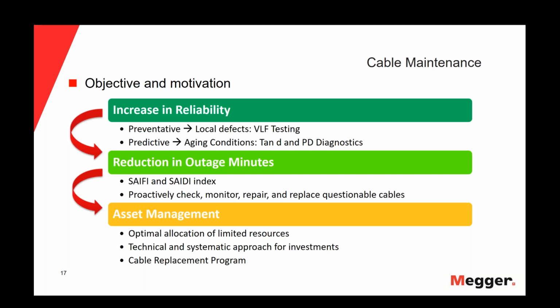We would like to keep the SAIFI and the SAIDI indexes very low, and we need to have an asset management. We need to have an optimal allocation of the limited resources and a technical and systematic approach for the investment. In other words, we need to have a cable replacement program.